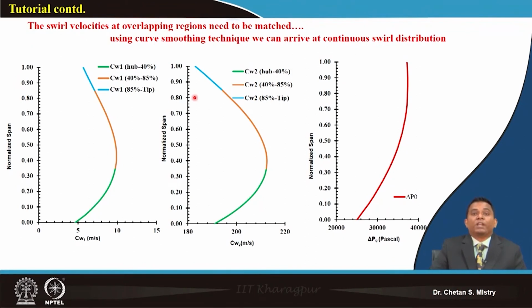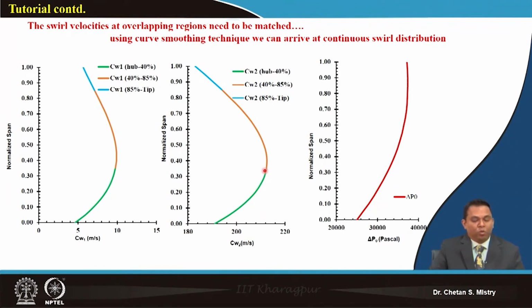So this is what has been calculated and assumed. This represents CW1 and this represents CW2. We have our Excel sheet program, in which we will do our calculation from 40% span to 85% span, and later on we will use the same sheet for different whirl distributions. At the junction point, it may be required to modify our distribution.